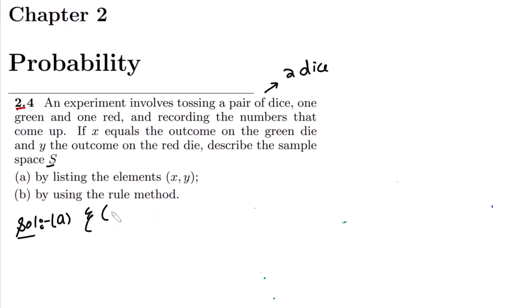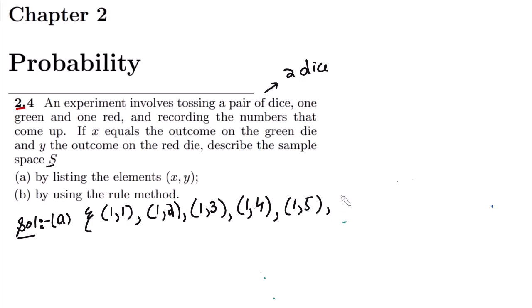First of all, the first I can get will be (1,1). Similarly, I can have (1,2), (1,3), (1,4), (1,5) and (1,6).